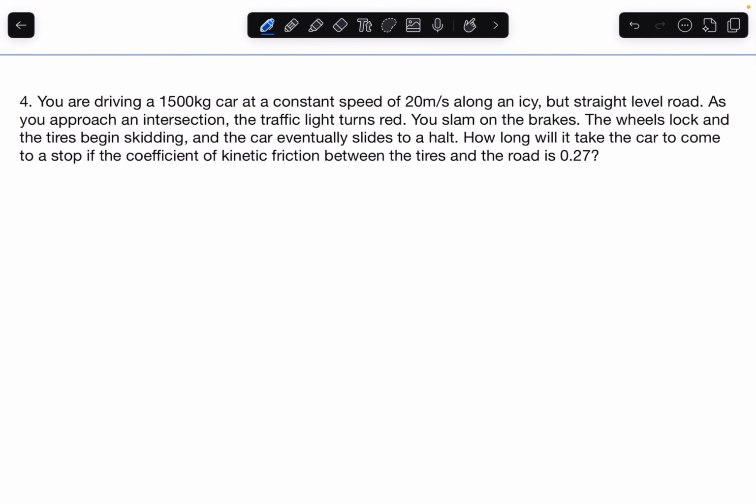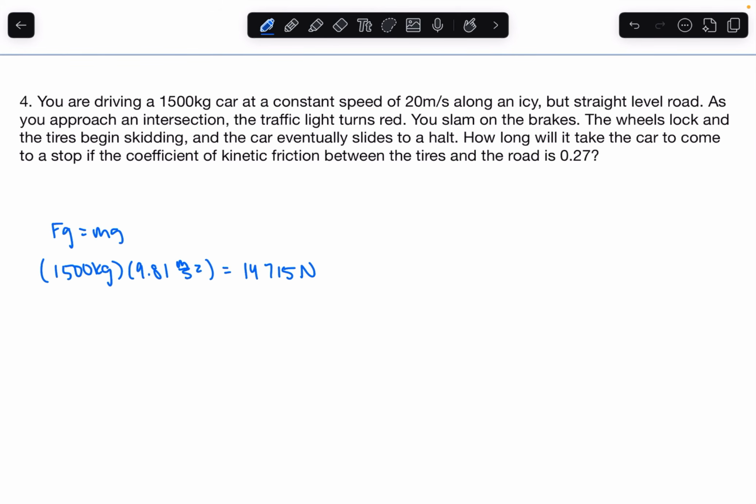We have the mass of the car, so we should find Fg first, using the equation Fg equals mg. So 1,500 kilograms times 9.81 meters per second squared equals 14,715 newtons.